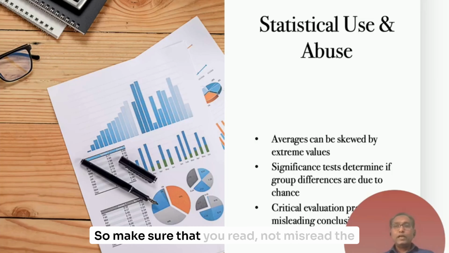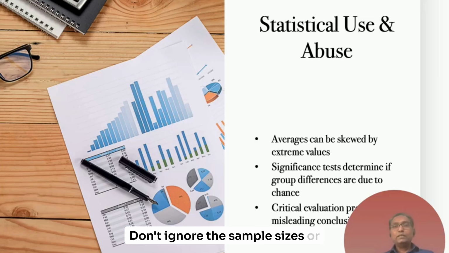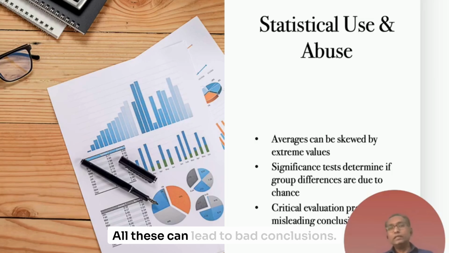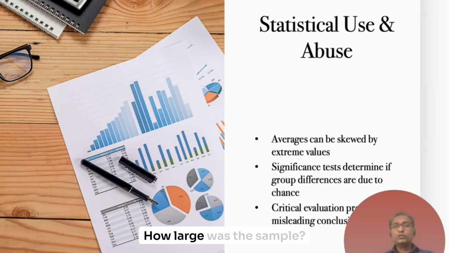So make sure that you don't misread the p-values. Don't ignore the sample sizes or overemphasize the teeny but statistically significant effects. All these can lead to bad conclusions. Always ask, how big is the effect? How large was the sample? What is the real world context?